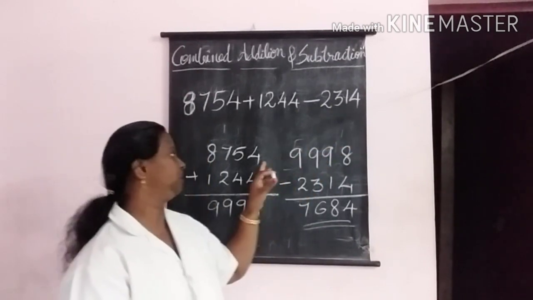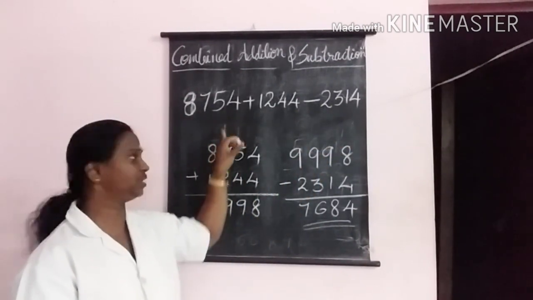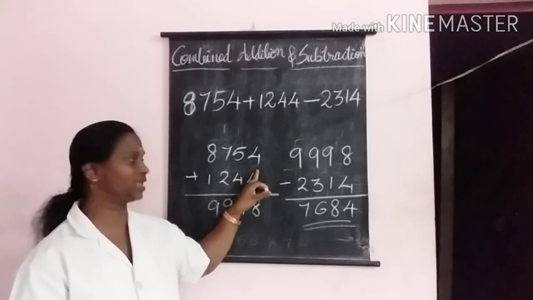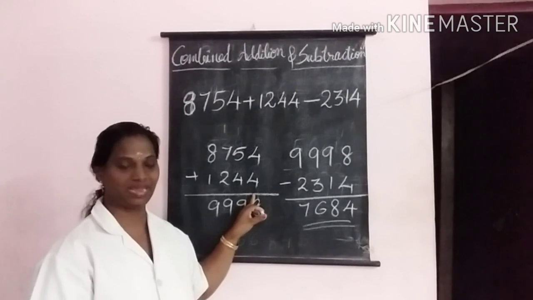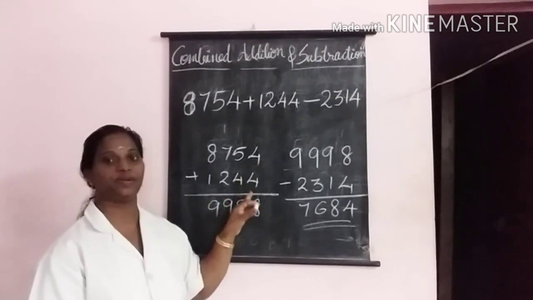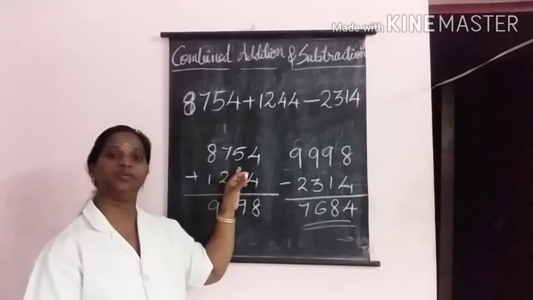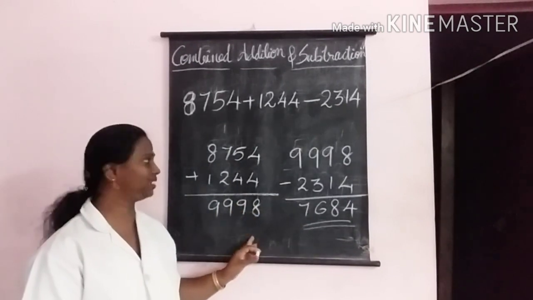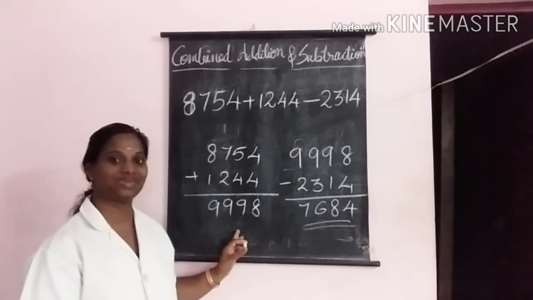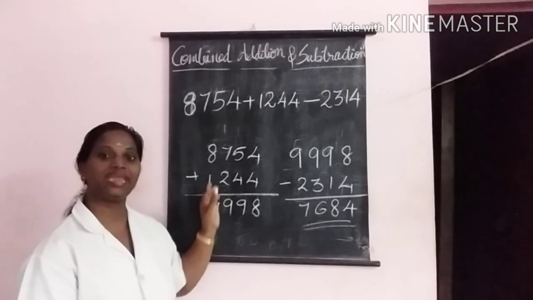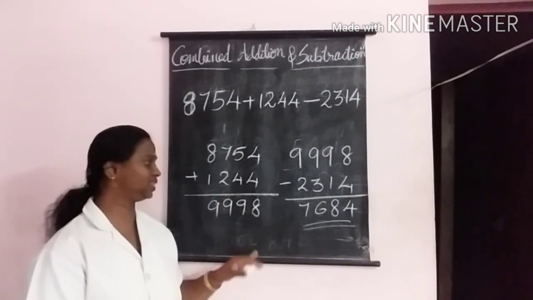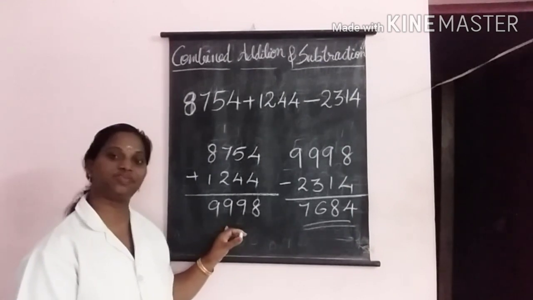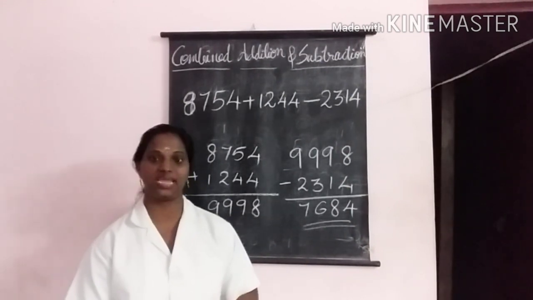Okay, so here we can add 8,754 and 1,244. Clear? Then add 4 plus 4, 8, 5 plus 4, 9, 7 plus 2, 9 and 8 plus 1, 9. Okay, so we get the sum as 9,998.